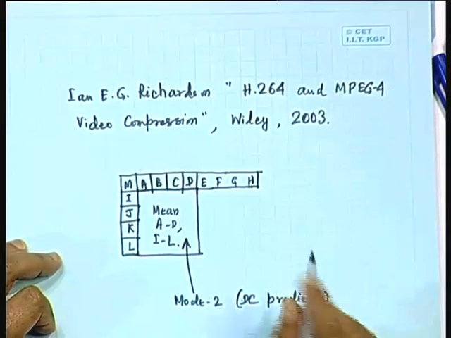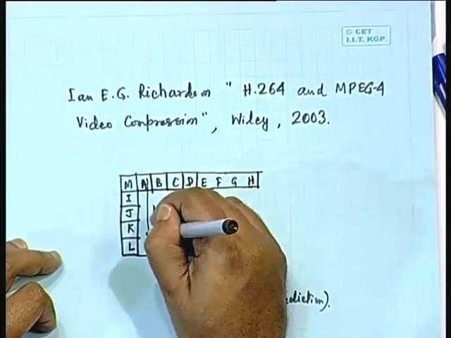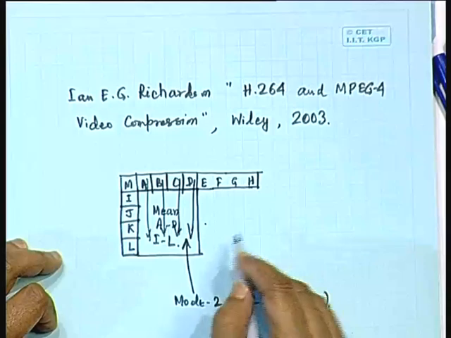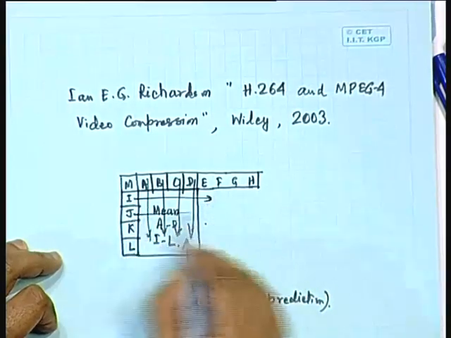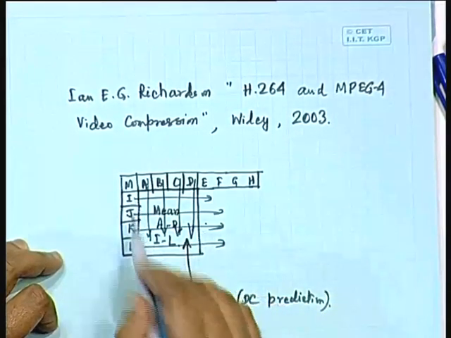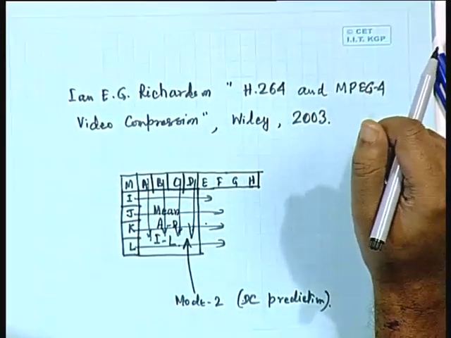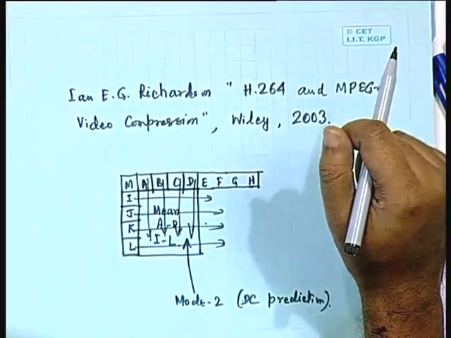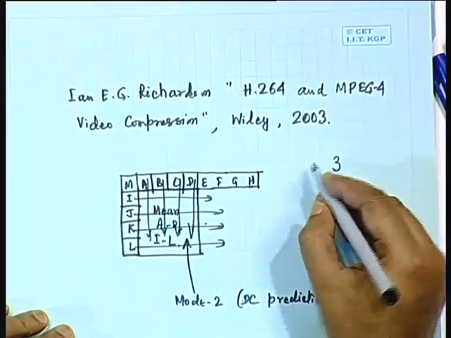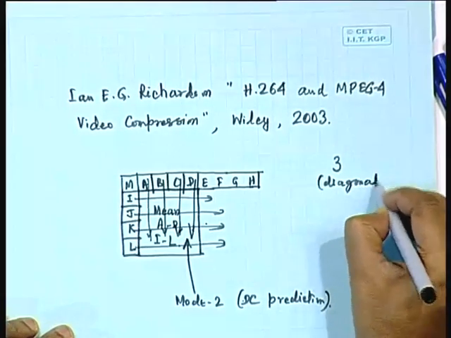And the other modes I already mentioned: mode 0 is where we are vertically propagating down, A, B, C and D will be propagated like this, whereas in the case of mode 1, that is the horizontal propagation, all the predicted 4 by 4 values will be generated by propagating the I, J, K and L along the rows. And then diagonal also is very clear, meaning that direction 3 means diagonal down left.